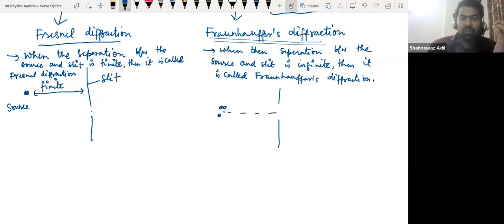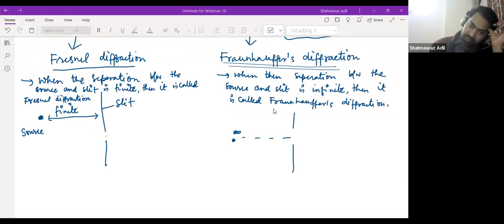So if you remember your refraction classes, your wavefront classes, your reflection classes, how did we represent the incoming rays which are coming from very far away distance? How did we represent that situation?